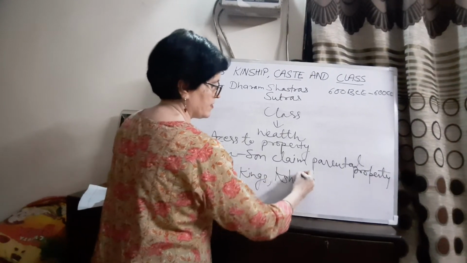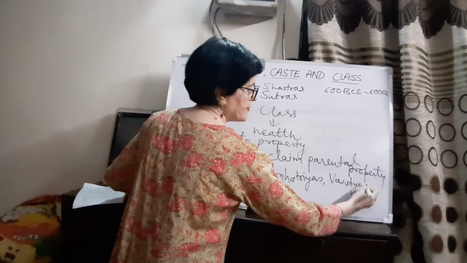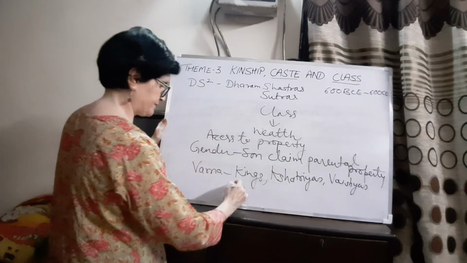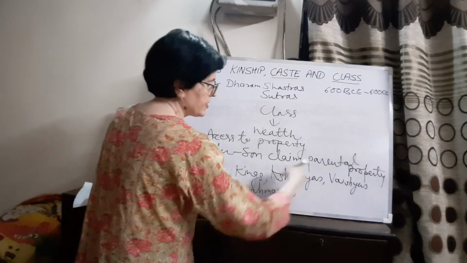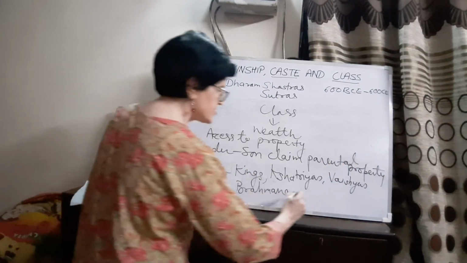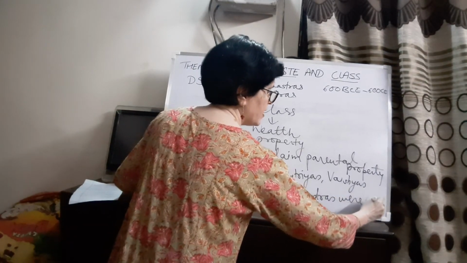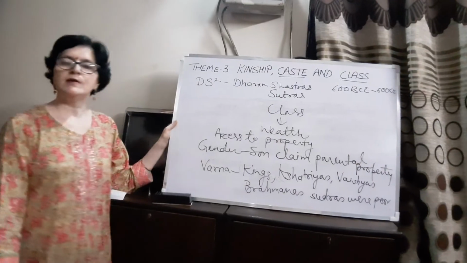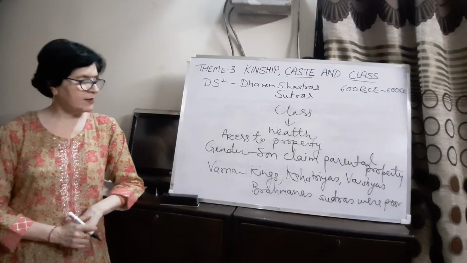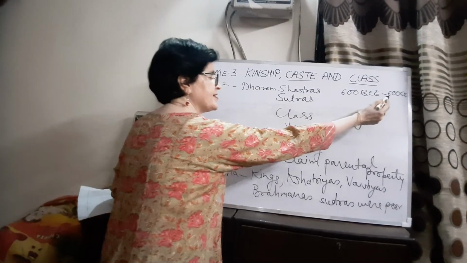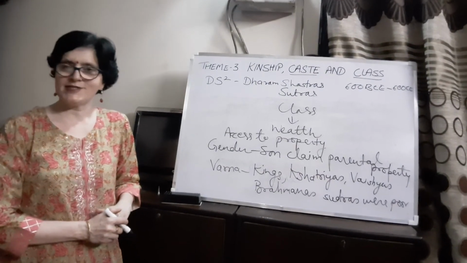So sons claim parental property as far as gender is concerned, and according to Varna, kings, Kshatriyas, Vaishyas, and Brahmanas could access the property, but Shudras were poor and did not have the right to access property. So this was the system existing at that time, 600 BCE to 600 CE, as far as caste and class are concerned.